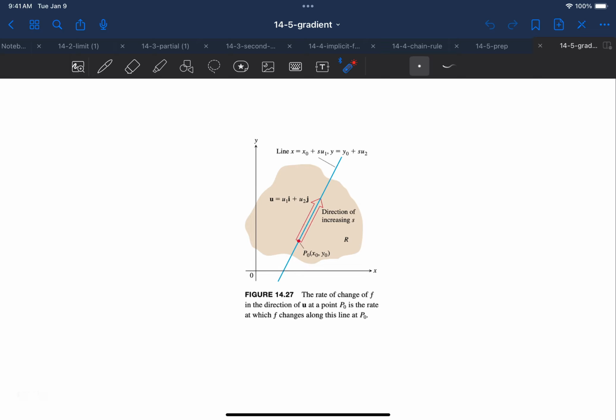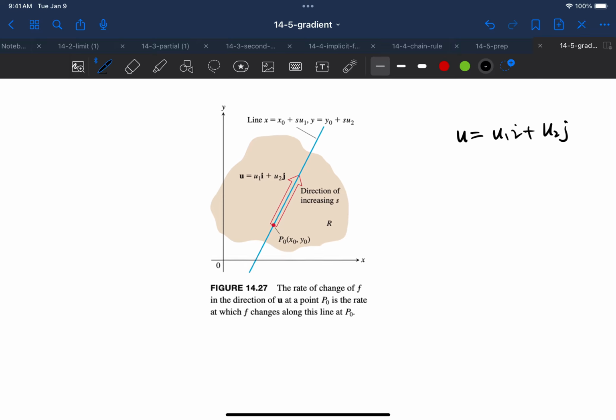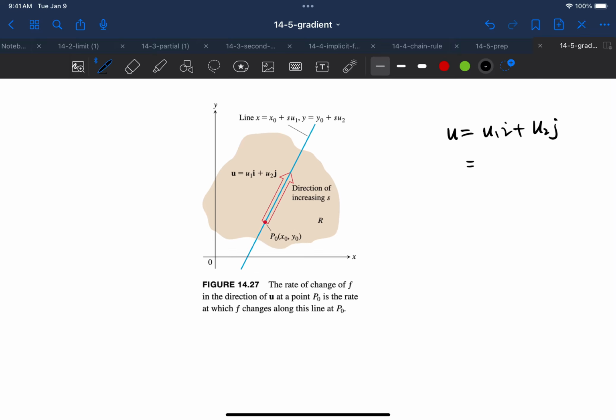But suppose you are given a vector u, a two-dimensional vector u, which is written as u1 i plus u2 j, which is the same thing as (u1, u2).